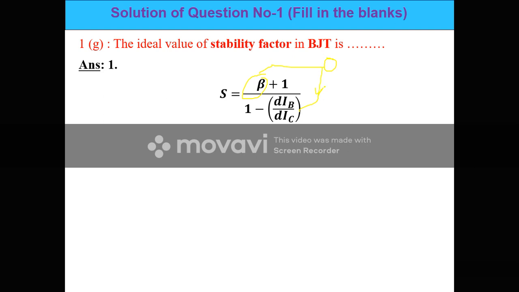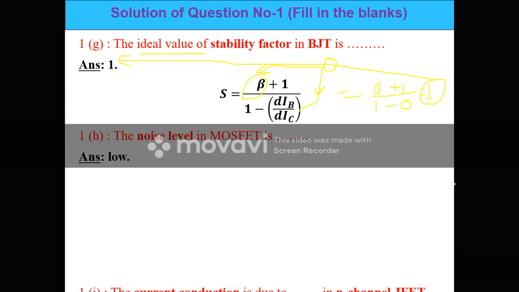If we substitute 0, it is equal to (0 plus 1) divided by (1 minus 0), so this value will be 1. That's why the stability factor for an ideal BJT is 1.